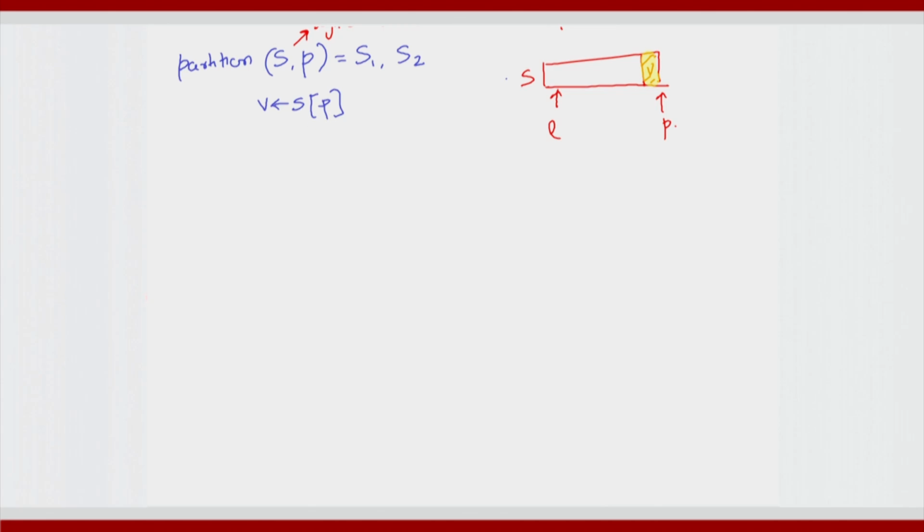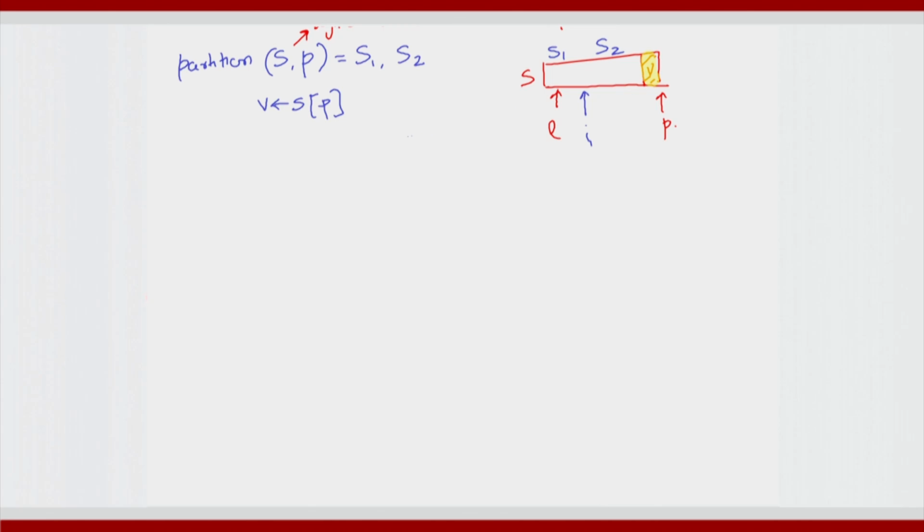What we do next, we will now do some bookkeeping. We will try to partition S in such a way that for a particular position I, let us say sitting here, I am going to ensure that S1 is to the left of I and S2 to the right of I. And how do I achieve that?